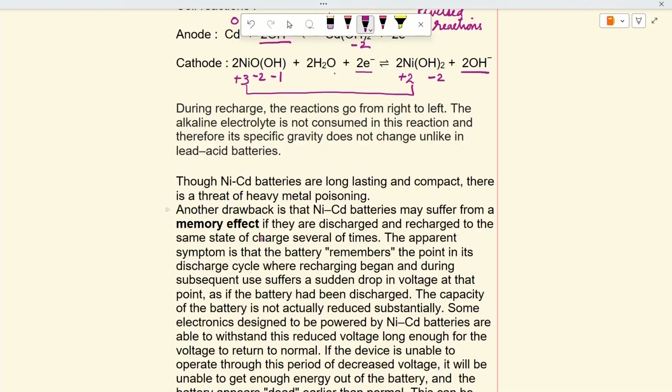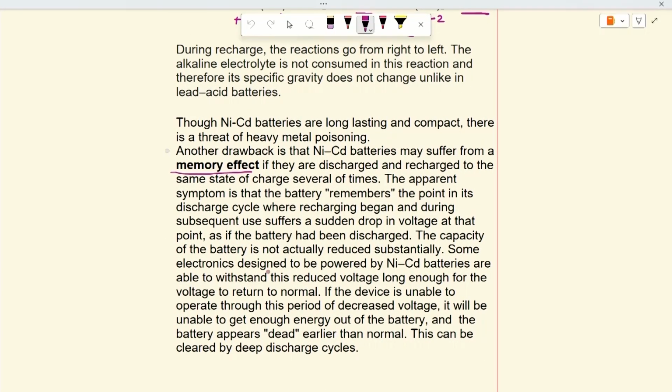Now, another drawback is that nickel cadmium batteries possess a memory effect. What is the memory effect? Memory effect is that if a battery is discharged, that is, we are using it to a particular extent and then recharged, again at the same discharged point it is recharged, and this process is repeated several times.